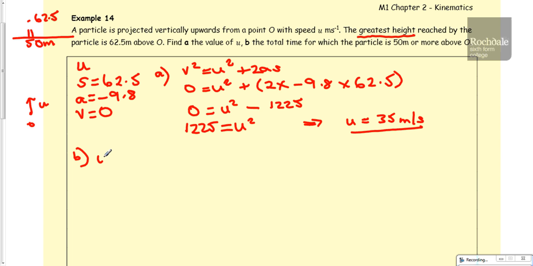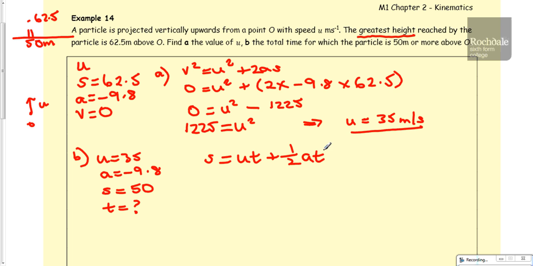So we know that our starting speed is 35, our initial velocity, that's upwards. Our acceleration due to gravity is in the opposite direction, that's downwards. And we know that the point that we're interested in is 50 meters. That's the displacement. We're interested in the time. So using s equals ut plus a half at squared, we've got 50 equals 35t, and then remember half of a is minus 4.9.